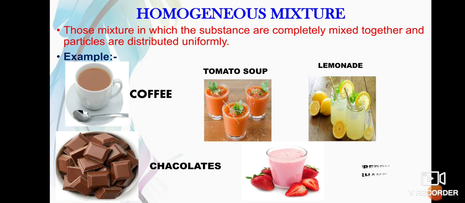Then strawberry milkshake, we use different types of components to make these items, but after making these items we can't see the components separately in these mixtures. So these are called homogeneous mixture. We can't separate after making, and we can't see the components after making. Okay students, the particles are distributed uniformly in the substances.